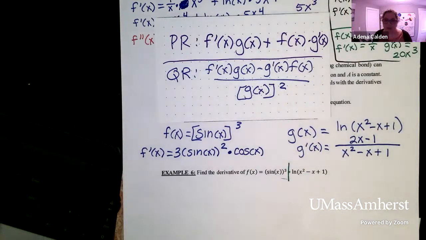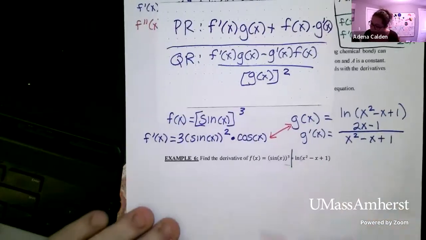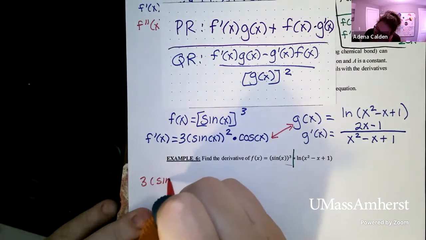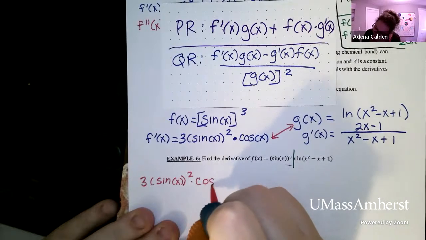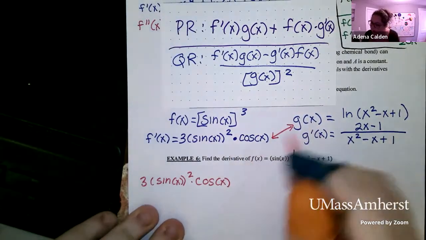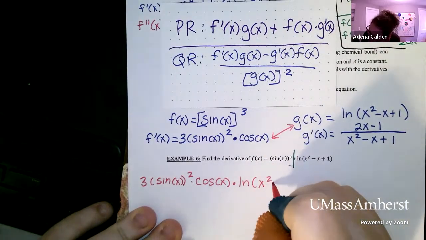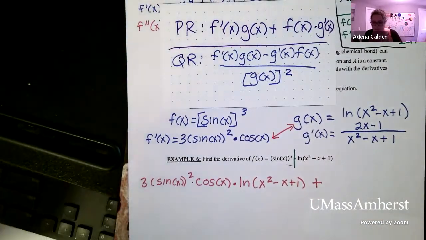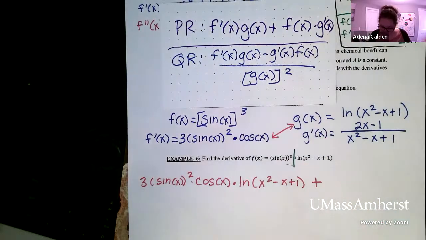So I'm going to put them together with the product rule. I'm going to do f prime times g. So here again, this is going to be a little bit long. So I have 3 sine x squared times cosine x. That's my f prime times g. So ln of x squared minus x plus 1, plus the second part, I'm going to have f times g prime.